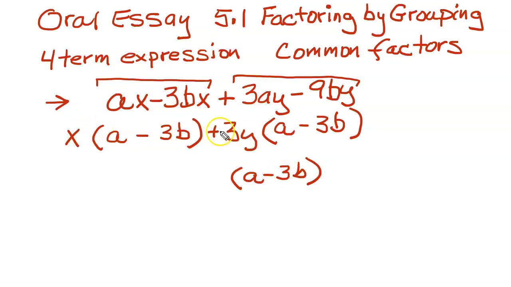And then you bring these other two factors, and you now have successfully factored this four-term expression into two binomial factors through the process of grouping.